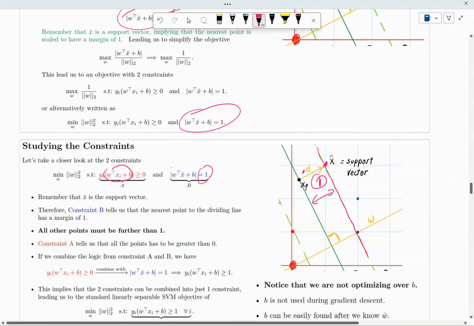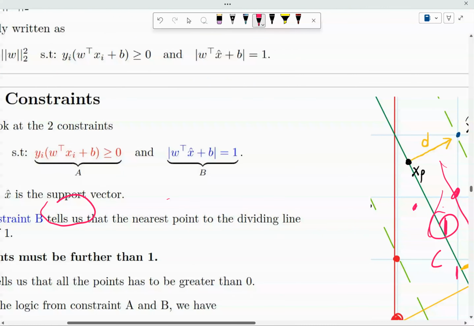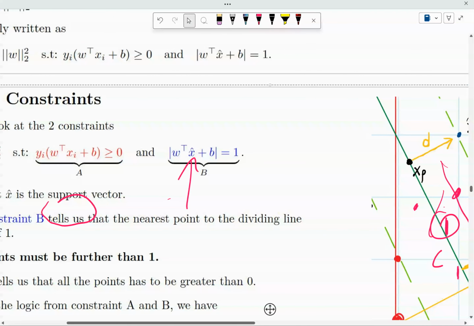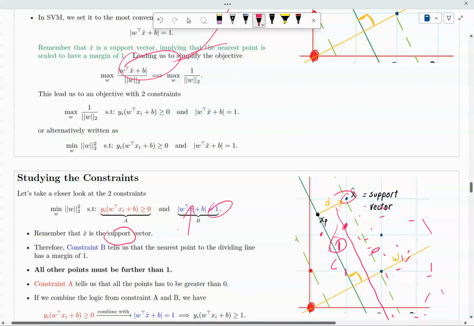If we combine the two logic, then it's at least greater than 1, right? So all the points have to be here, and no points can be here, because the support vector is the nearest one. So the support vector distance is at 1, therefore this has to be greater than 1. We can combine both of these logic. Instead of this, we can get rid of it and simply say that this has to be greater than 1.